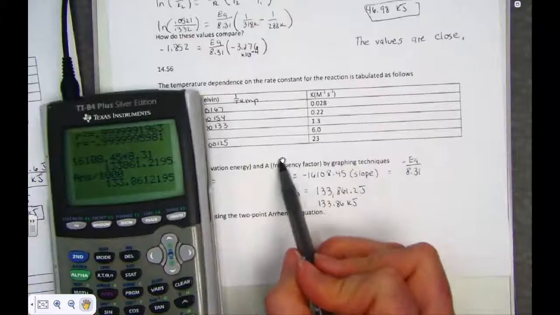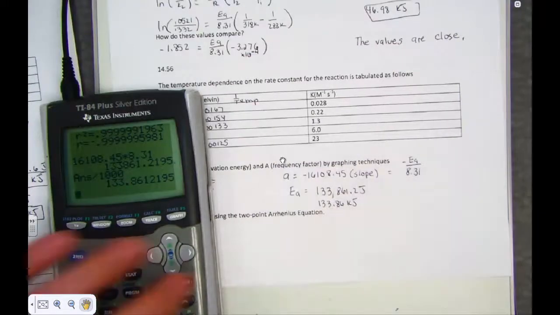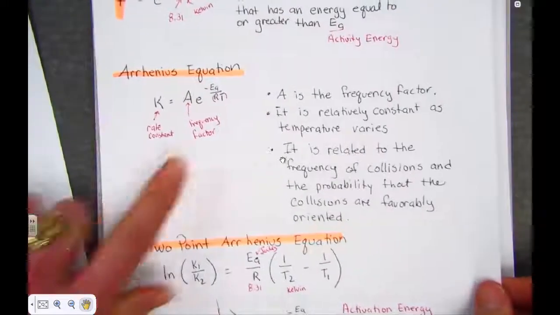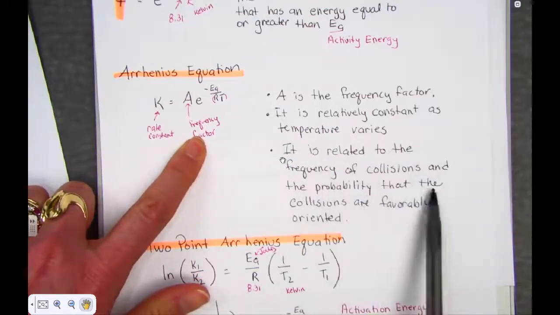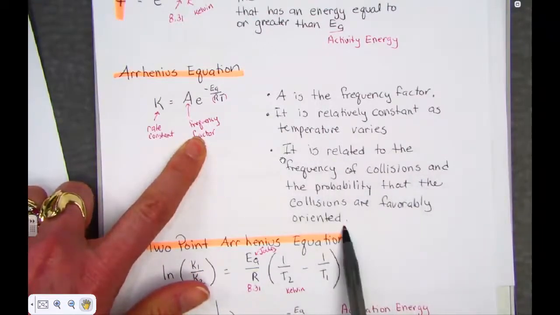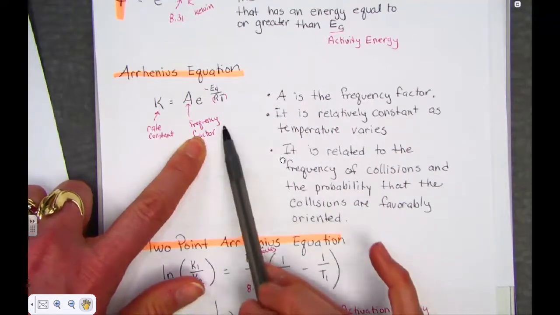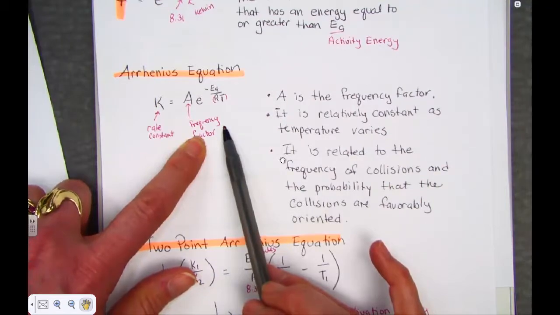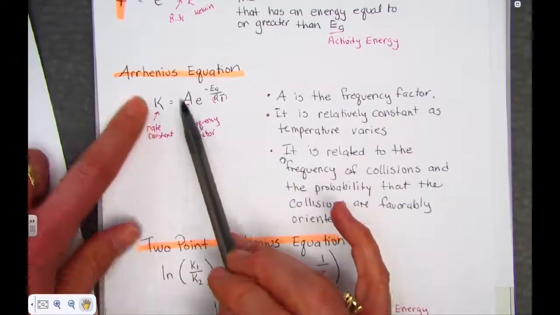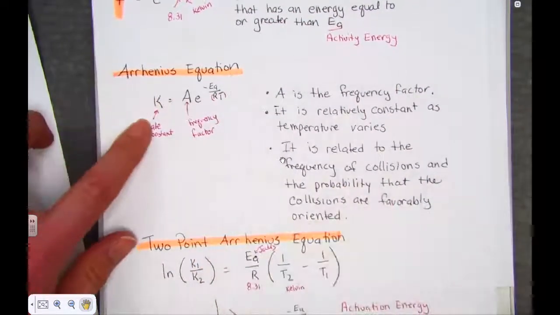We're also asked to solve for the frequency factor. Remember from our formula page, the frequency factor is related to the frequency of collisions and the probability that collisions are favorably oriented. That frequency factor indicates how many of these collisions are actually successful. Frequency factor comes from the Arrhenius equation.